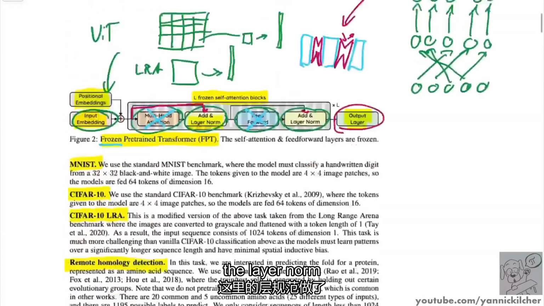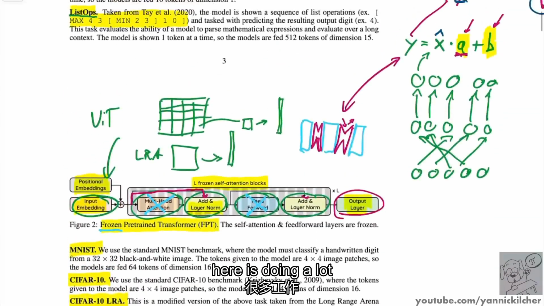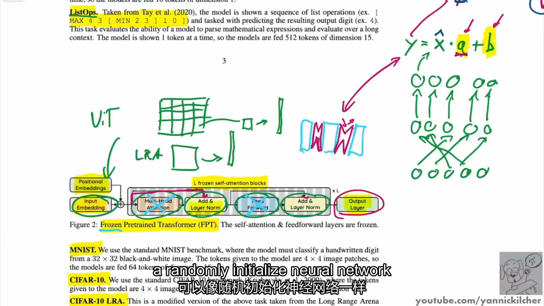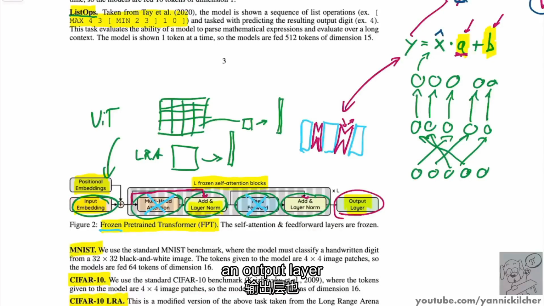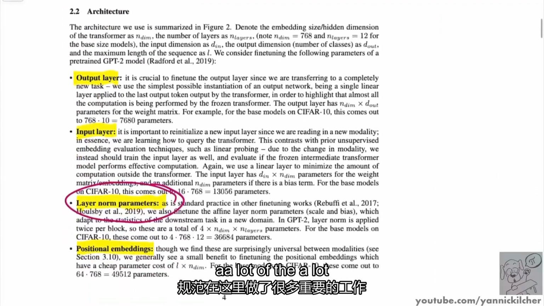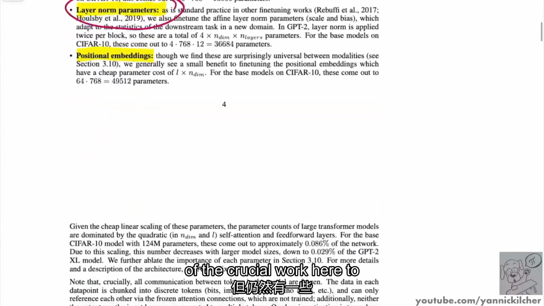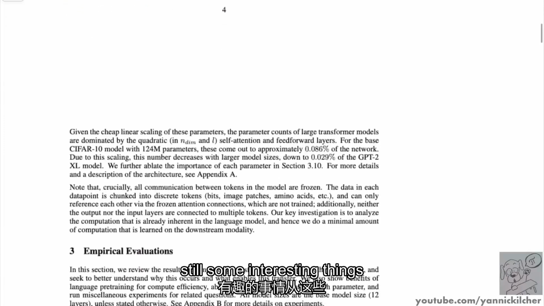And I think the layer norm here is doing a lot of the work. Of course, the input and output layer as well. We also know that we can take a randomly initialized neural network and simply training an output layer can already give us a good performance. This is all stuff they do in this paper. However, I think the layer norm does a lot of the crucial work here.